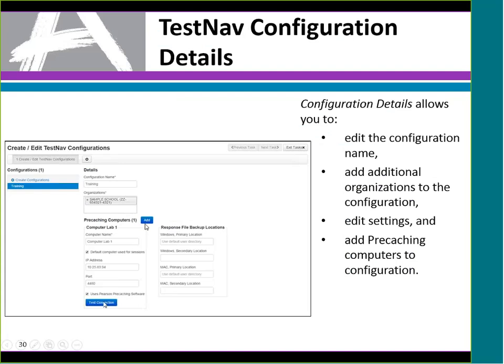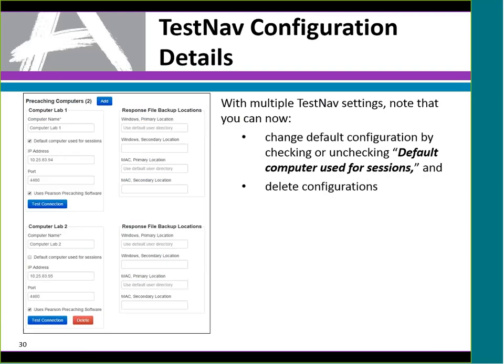We can also add additional pre-caching computers to that TestNAP configuration. And here's what it looks like if you do add a second machine. So you still have this one selected as the default computer used for sessions, but you can change it to this one if you want. Completely up to you.